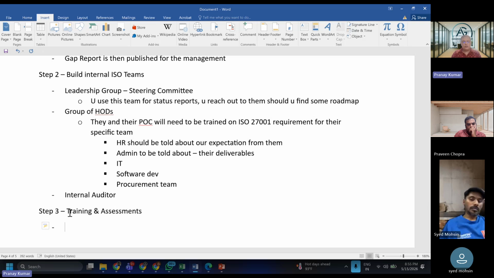So एक तो entire organization needs to be trained on ISO 27001 basics.